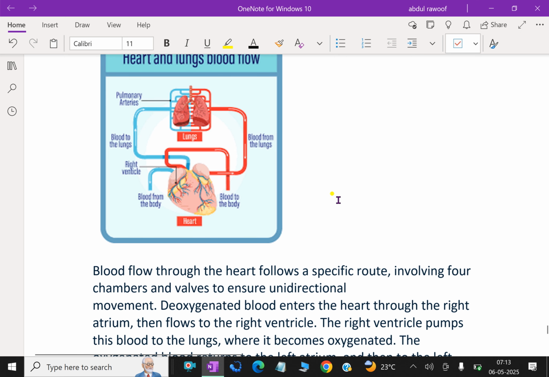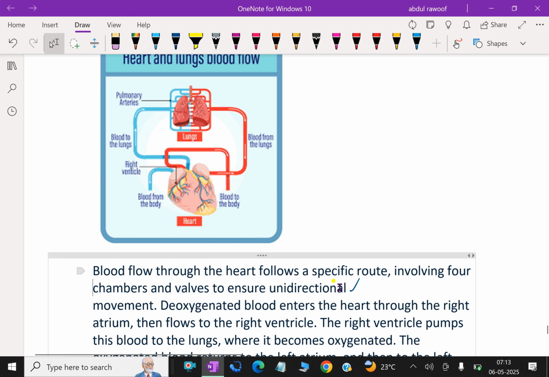Blood flow through the heart follows a specific route. Look at this route, involving four chambers and valves to ensure unidirectional movement.